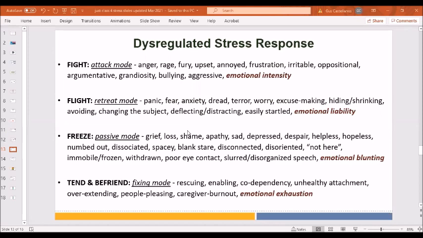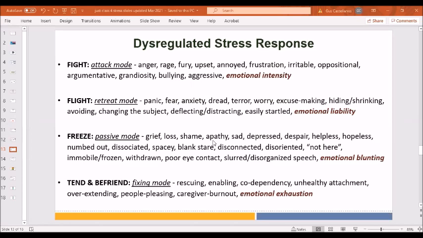And then the freeze mode really comes into play with the trauma work. This is the one we see when people go into that significant shame and loss and grief, which is becoming more and more of an issue during the pandemic, of course. It's the mode that a lot of people with depression and sadness, that sense of hopelessness, helplessness comes out.